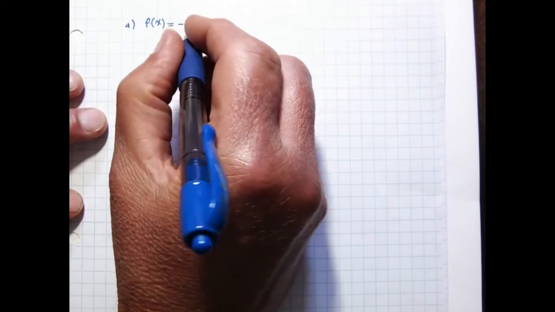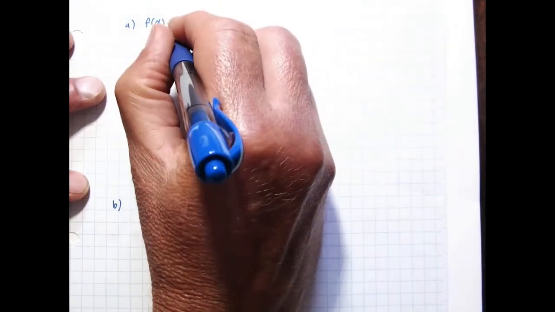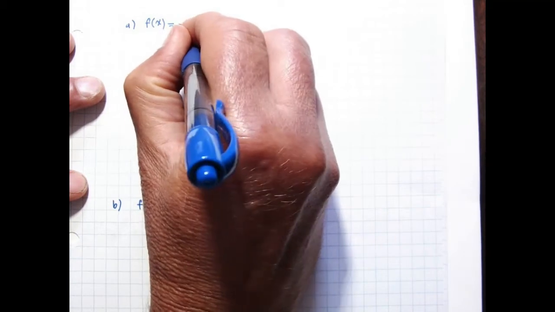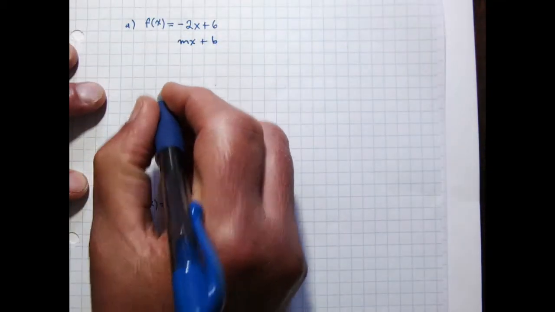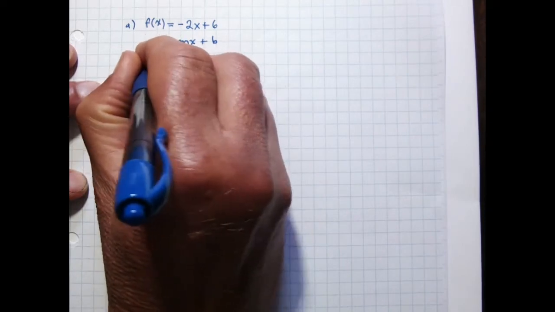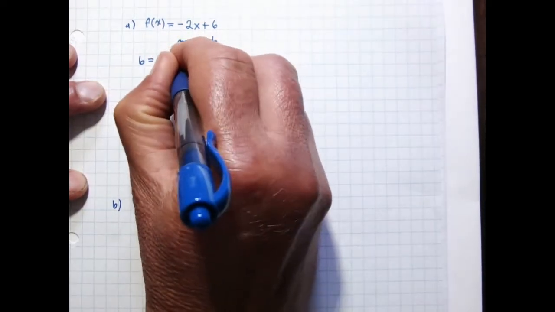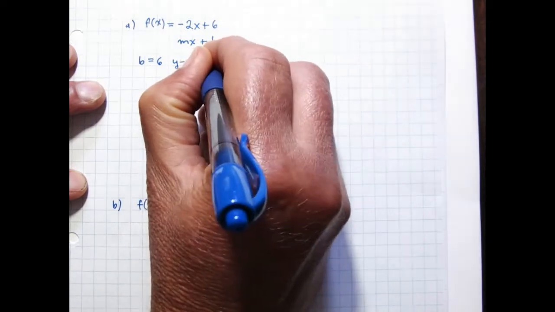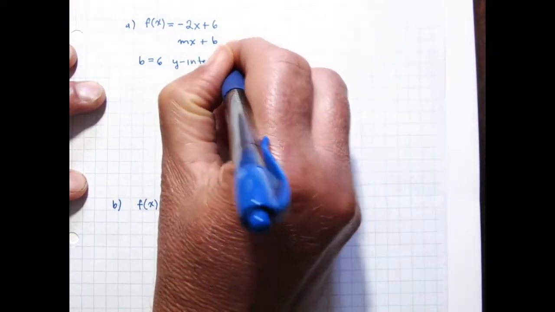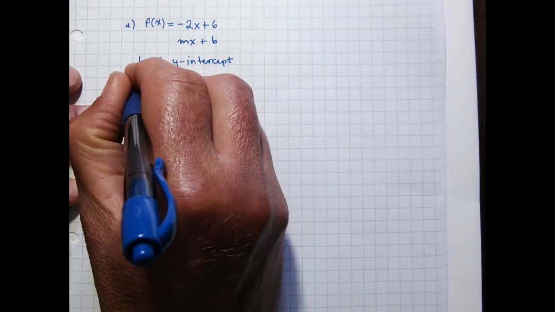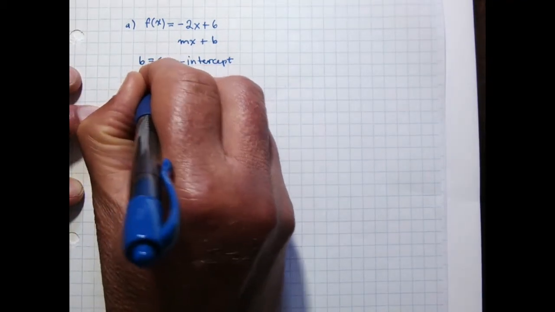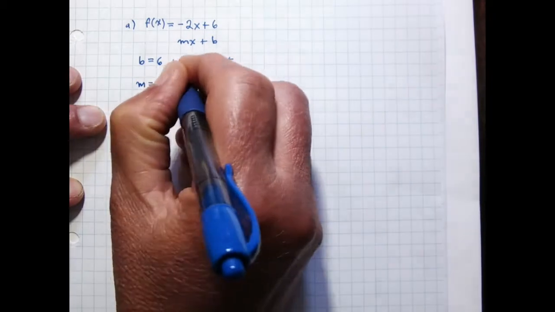linear function. You should be aware that this is of the form mx plus b, where the b value is 6, which is the y-intercept of that graph, and the m value is negative 2.